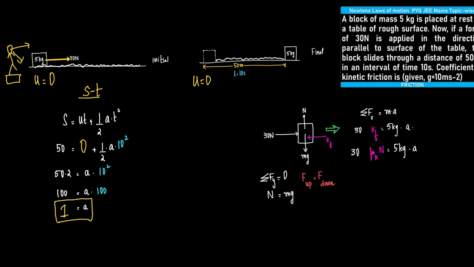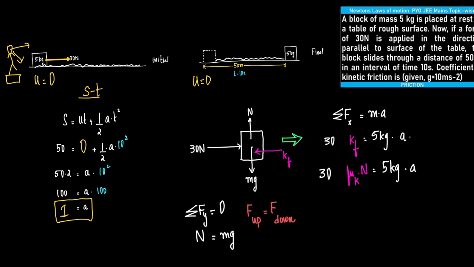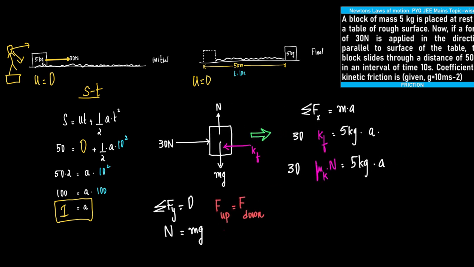Okay, having said that, let us now move on to the free body diagram. So draw the free body diagram of this body. What are the various forces acting on it? The very first force would be the force of gravitation, which results in mg.